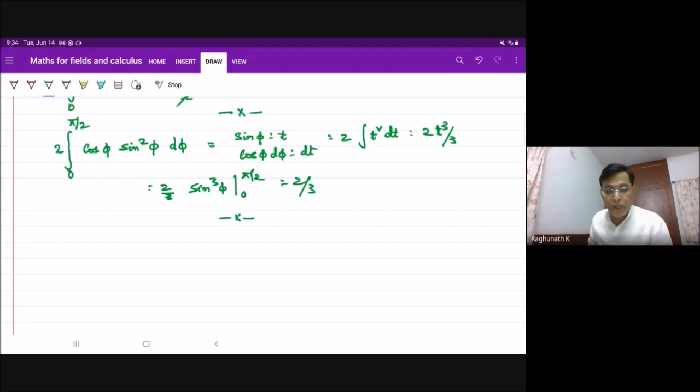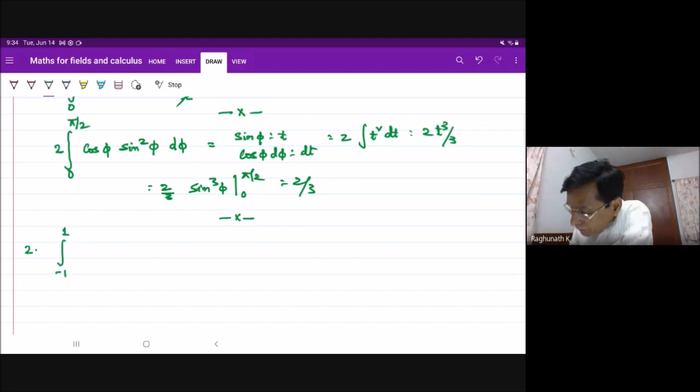Number 2. I want to evaluate the integral from -1 to +1 of x y cubed dl, along the line y is equal to 2x.